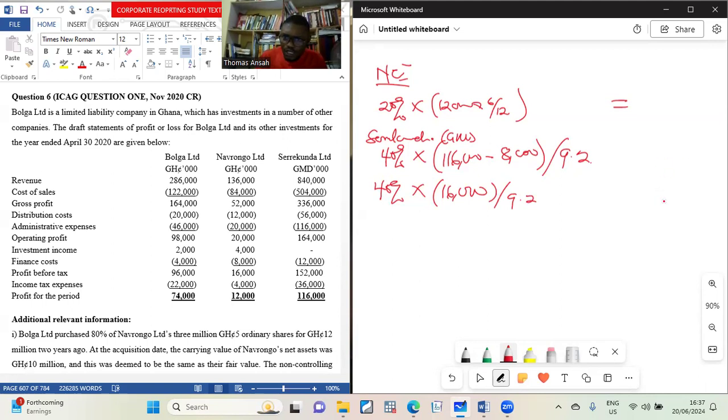Then we less impairment. The impairment was, oh, let me do it again because it's 116,000 minus 108,000, minus 8,000, sorry, minus 8,000. I have 108. Then I convert it to 9.2.